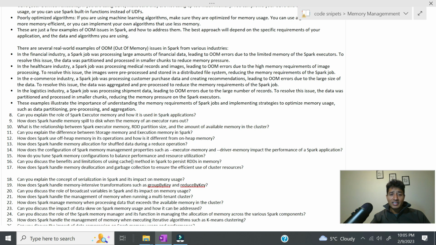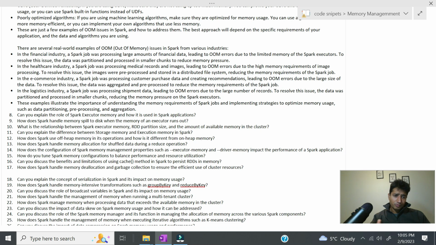To resolve this, data can be partitioned and processed in smaller chunks to reduce memory pressure. Most of the time, if an out of memory error is coming, the easiest way is to redistribute the data and process it in smaller chunks. But before that, have a look at why data is high, why data is skewed, or why data is not processing in smaller chunks or smaller partitions.